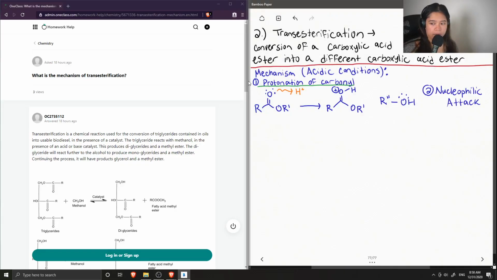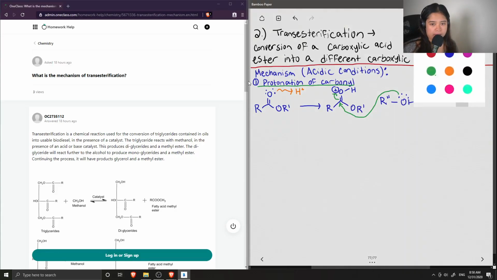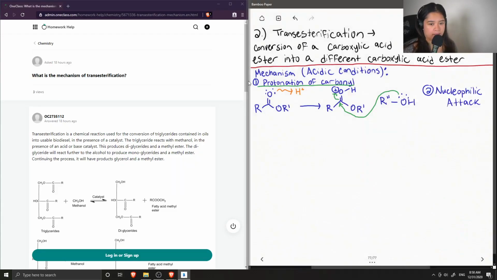So one of the lone pairs on this alcohol comes in and attacks this carbon. And it neutralizes the positively charged oxygen.